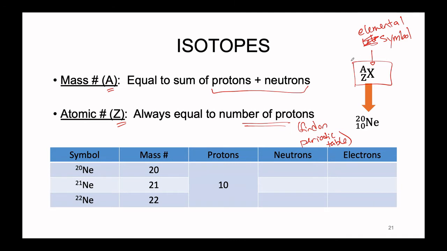So we have the sum of the protons and neutrons in the superscript, and solely the number of protons present in the subscript. So if you take A minus Z, this is going to equal the number of neutrons your isotope has.